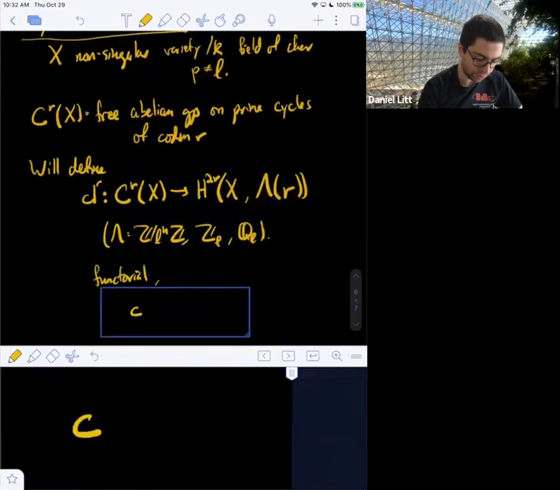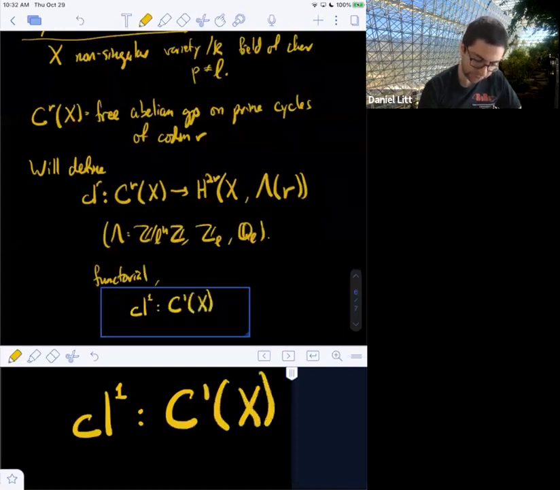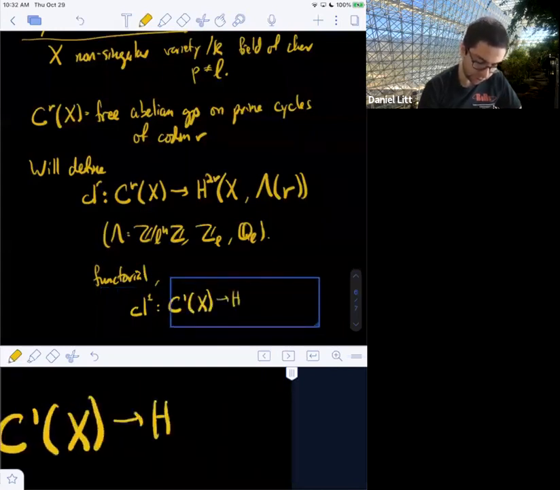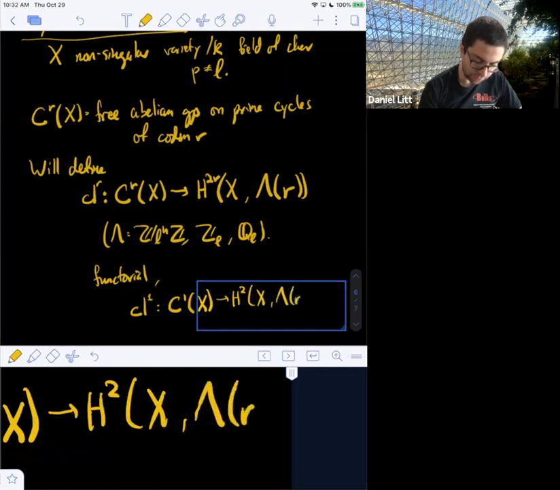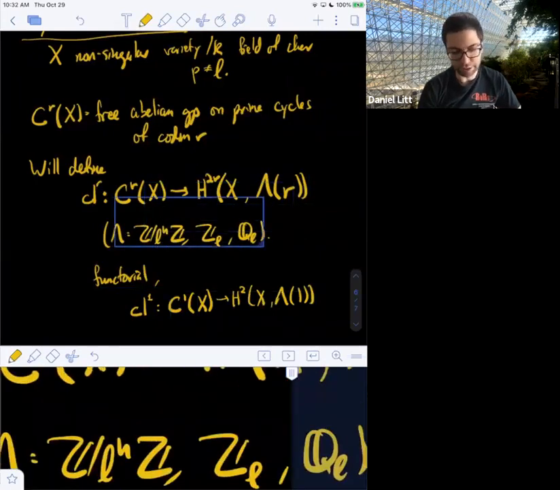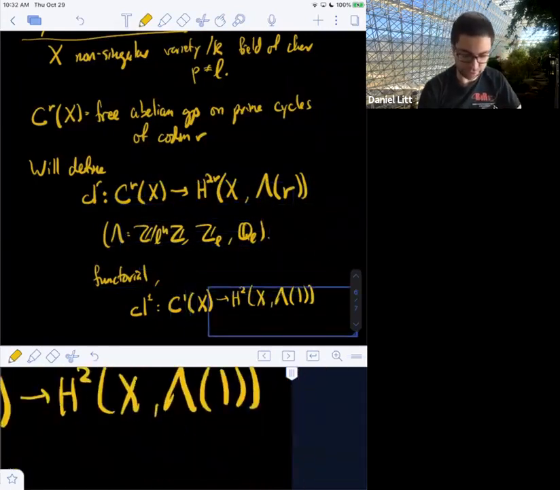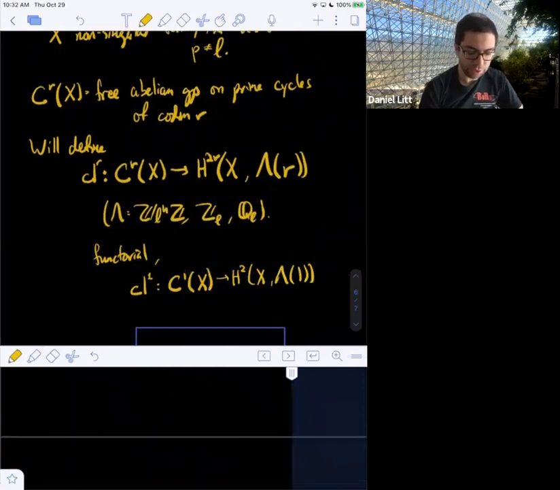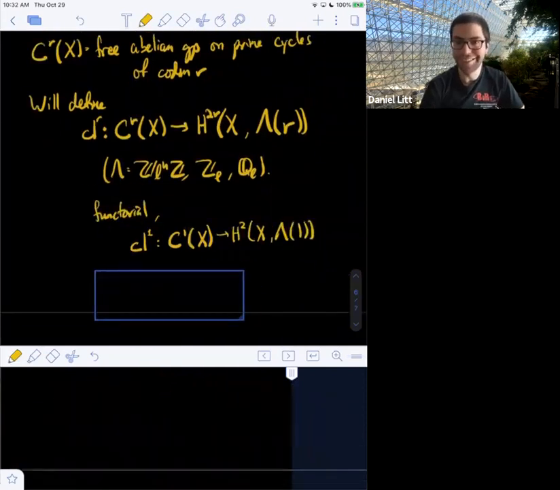In particular, cl^1 we know how to write down. cl^1 will be a map from codimension 1 cycles in X to H^2(X, Λ(1)). If Λ was Z/l^n Z, this is just μ_{l^n}. So can anyone tell me what this is going to be? I claim we've already seen this.